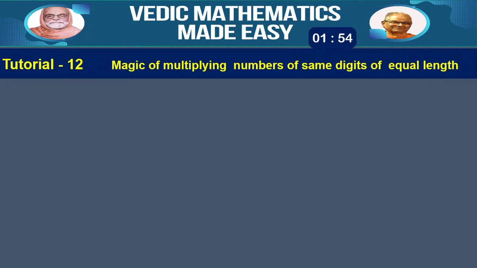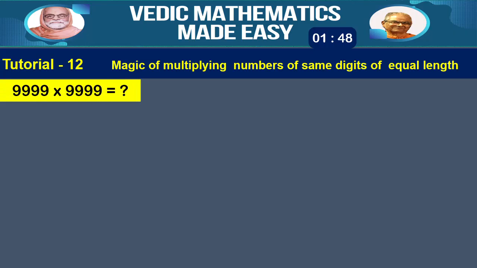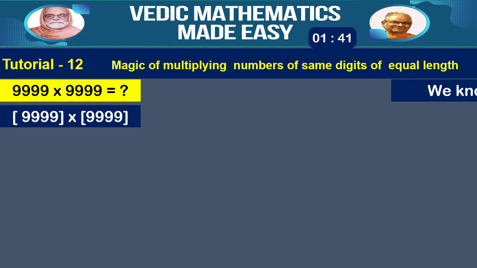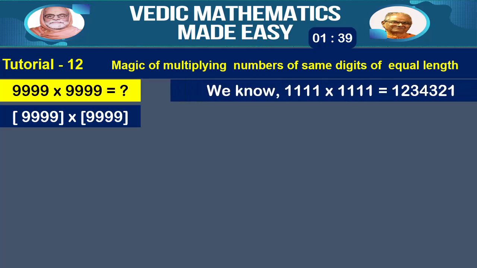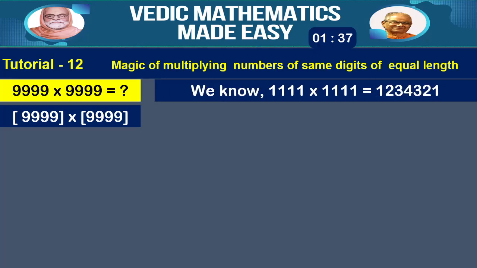Friends, now let us multiply 9999 into 9999. Consider the given numbers. These are 4-digit numbers. We know 1111 into 1111 is equal to 1234321. Let us take in the given number 9 outside the bracket as in the earlier case.